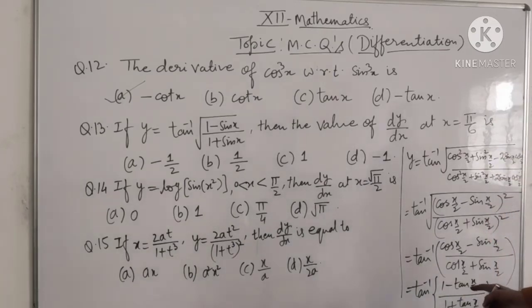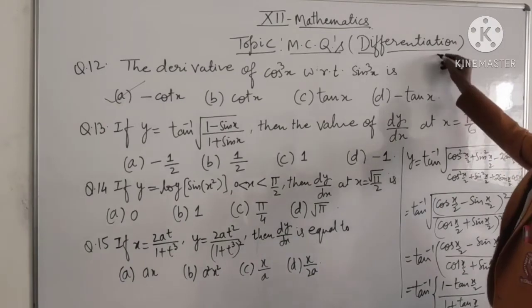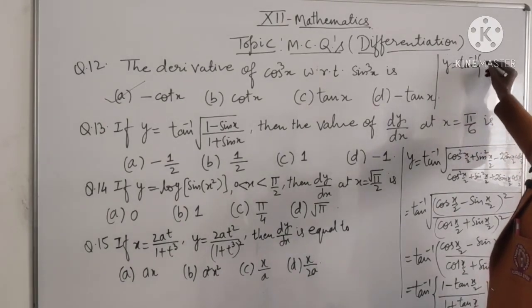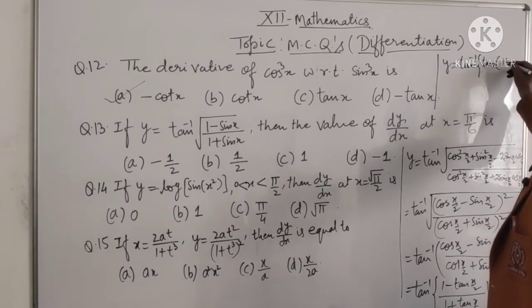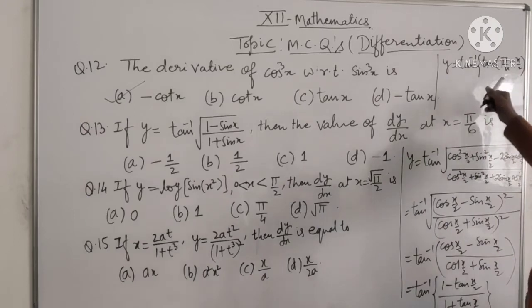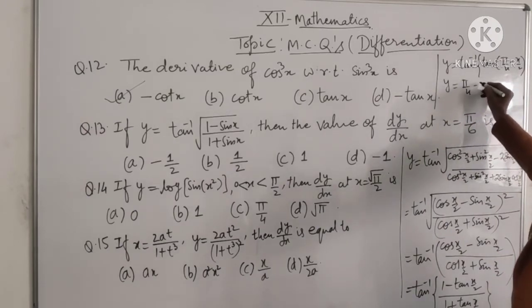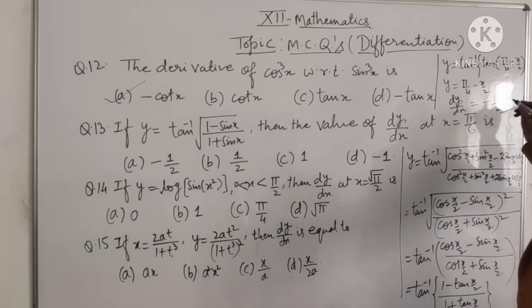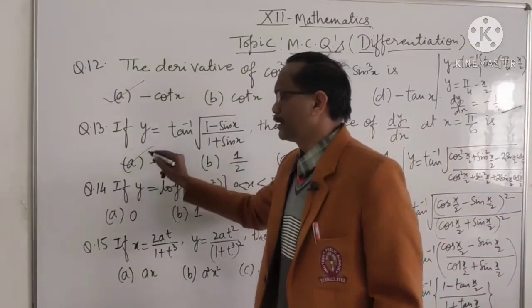There is again a formula, (tan a minus tan b) upon (1 plus tan a into tan b), so y equals tan inverse of tan of (pi by 4 minus x by 2). Here the inverse cancels. So y equals pi by 4 minus x by 2 and dy over dx is minus half. And A option is correct.